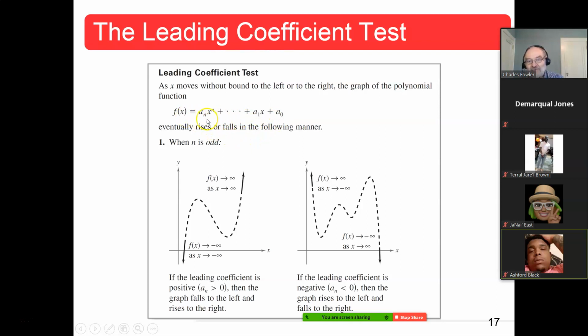Now, that's your polynomial function, the generic form of a polynomial function. It's either going to be going up or down in the long run, when x is very negative or x is very positive. So let's start when that n, the maximum exponent, is odd. Now, we saw this before a couple of different ways.